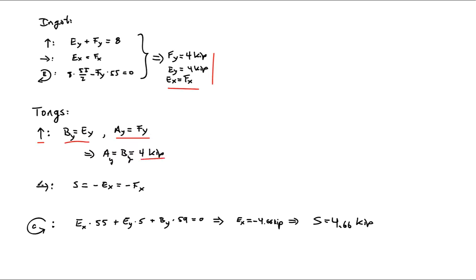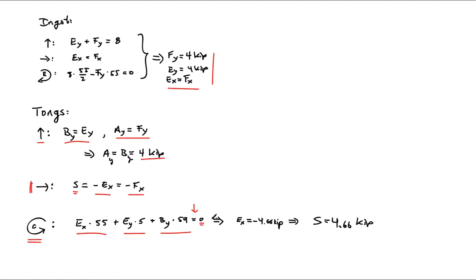We can now look at force equilibrium in the horizontal direction, and then we see that the force in the spreader bar is equal to both minus Ex and minus Fx. And now if we look at moment equilibrium and we do that about point C, we find that Ex times its lever arm, which is 55, plus Ey times its lever arm, 5, and By times its lever arm, which is 59, all have to equal 0 for equilibrium.